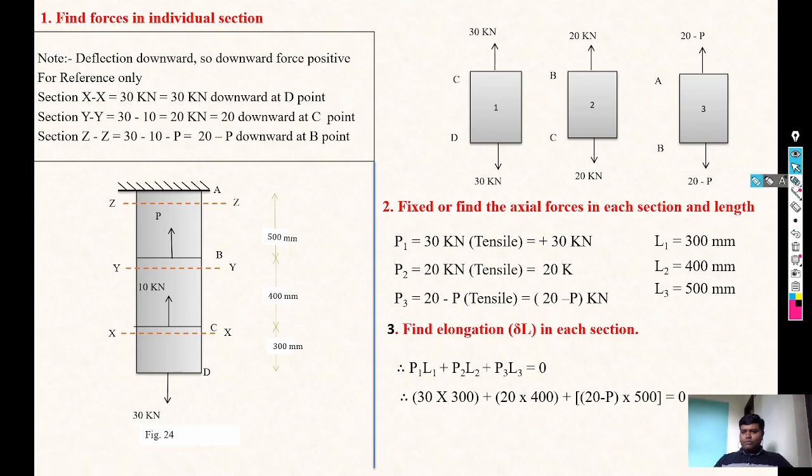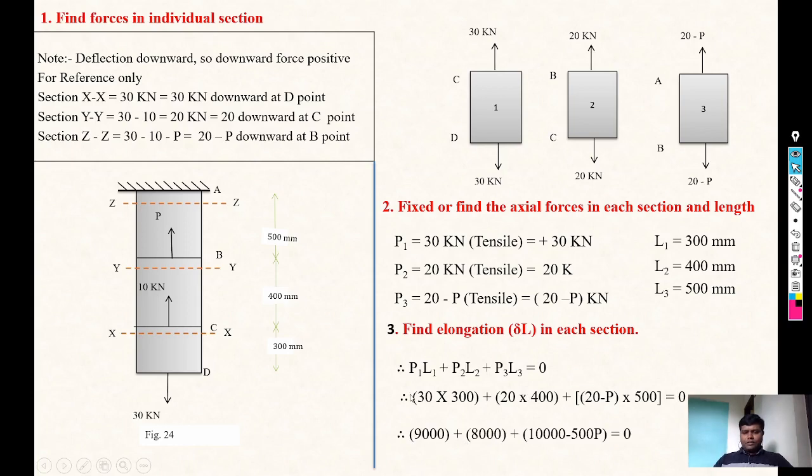Just put in all the values, where P1 is 30 positive and L1 is 300. Similarly, P2, L2, P3 and L3. Put in all values and just solve this equation. We will get the P force.